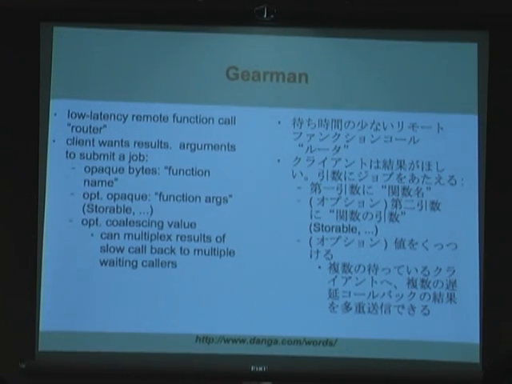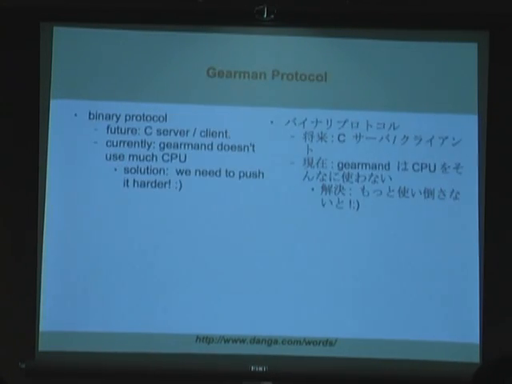So if two callers, two mod Perls, want the same thing at the same time, that's going to take maybe a couple seconds, maybe a database query or a remote web services call to some third party. You don't have to do it twice. The first one does it, and the next one later will join in and connect to the same one that's already outstanding. When the result finally comes back, it'll be multiplexed to all the callers. So that's Gearman in a nutshell.